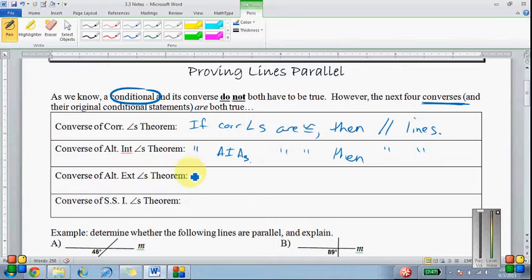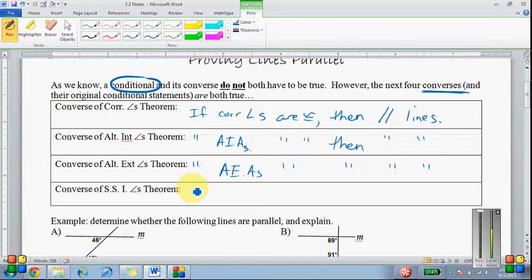Same thing for alternate exterior: if alternate exterior angles are congruent, then we have parallel lines. And if same side interior angles are supplementary, not congruent, supplementary, then we have parallel lines.